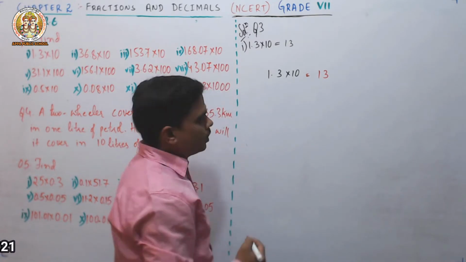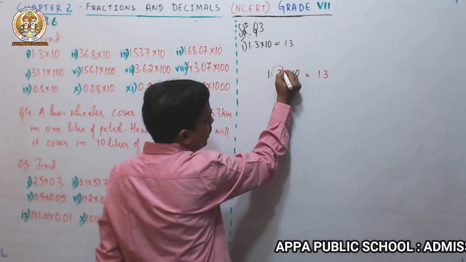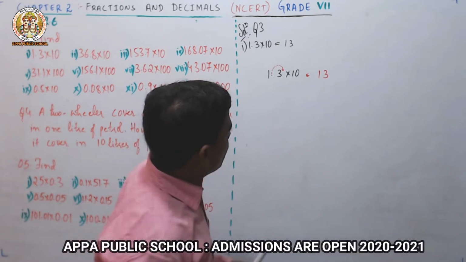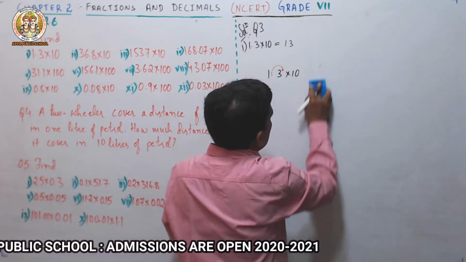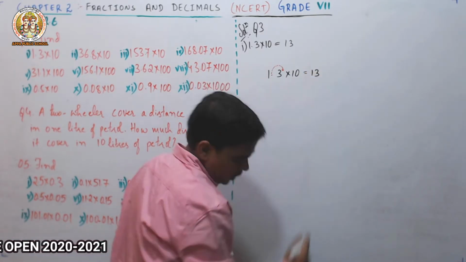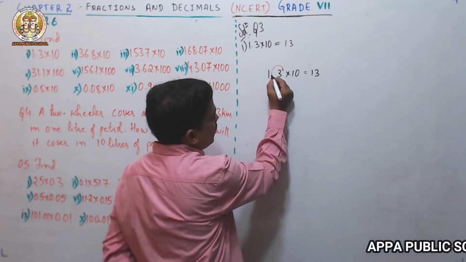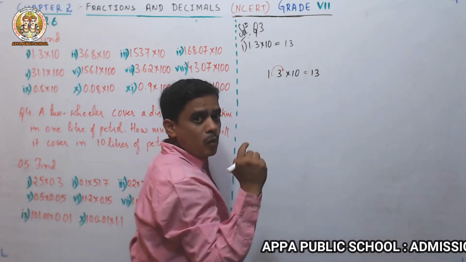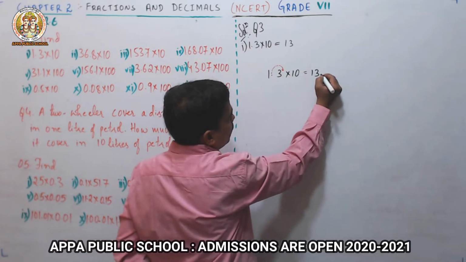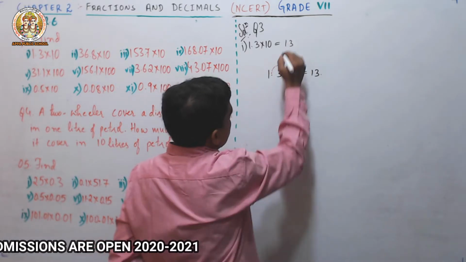Here I am shifting this decimal point towards my right by one position. Why only one position? Because after the decimal point there is only one number, and we have only one 0. The answer will be 13. You can write it either as 13 or 13.0. Therefore the answer is 13.